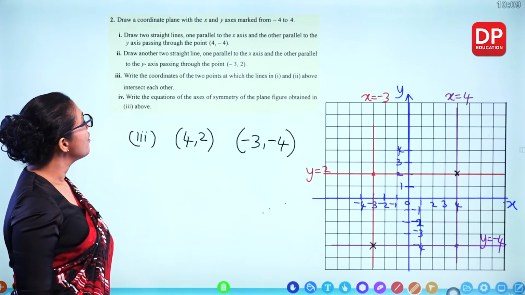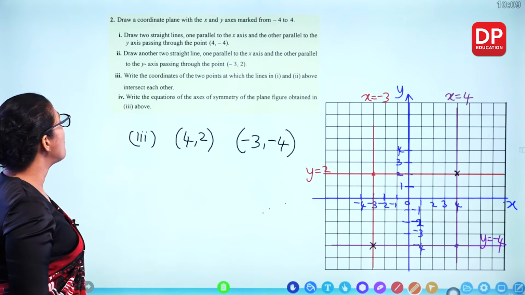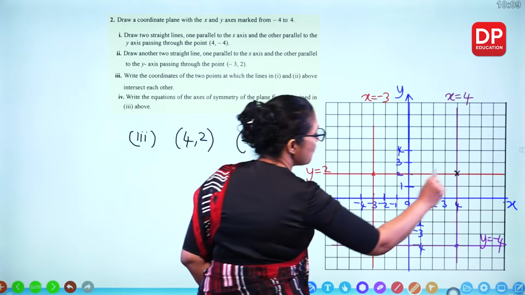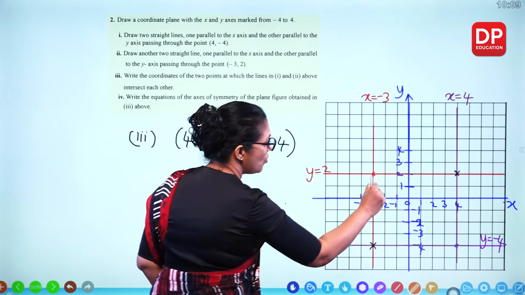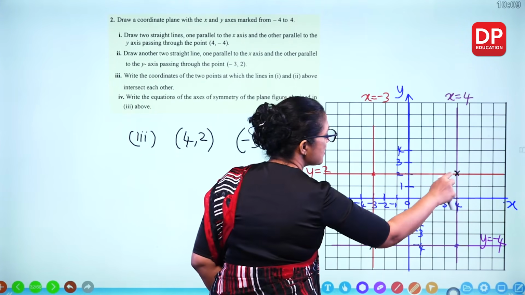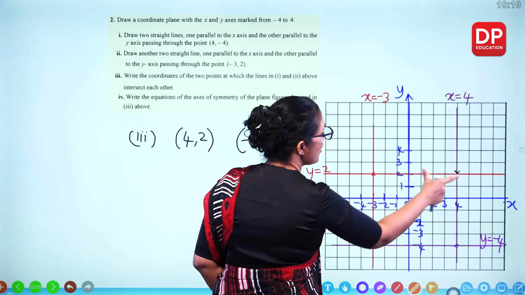Part 4. Write the equations of the axis of symmetry of the plane figure obtained in 3 above. So, here this is the figure you are getting. So, you need to find out the axis of symmetry for this side. Here, divide equally. So, 3 squares, 3 squares.